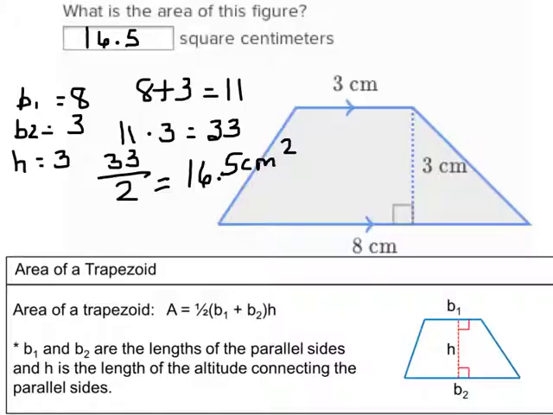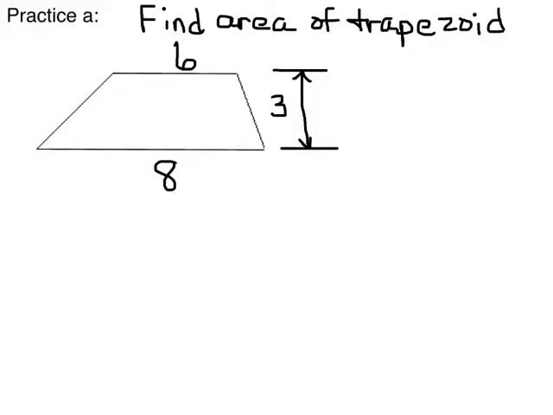Let's do your practice. This says find the area of this trapezoid. So in the trapezoid, remember it's two triangles. We have two different bases. The top one is usually shorter, the bottom one is usually longer. So base 1 is 8, base 2 is 6. Add those together, you get 14. The height is 3. 14 times 3 is 42.